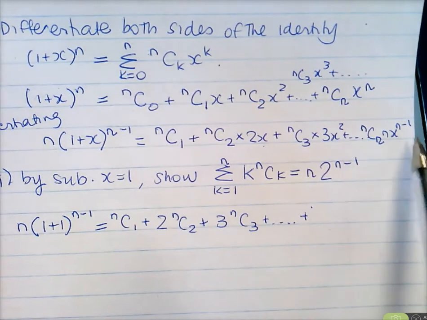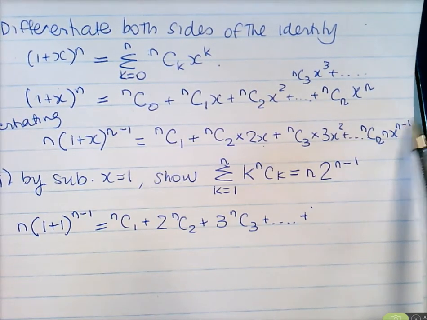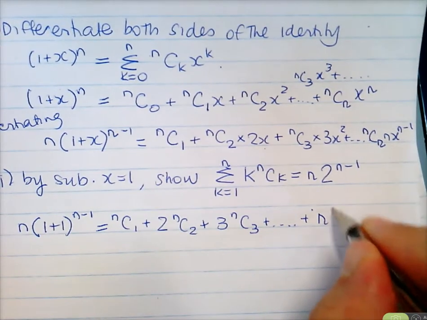It doesn't matter what it is, 1 to the 50, 1 to the 30. I'll get n nCn.